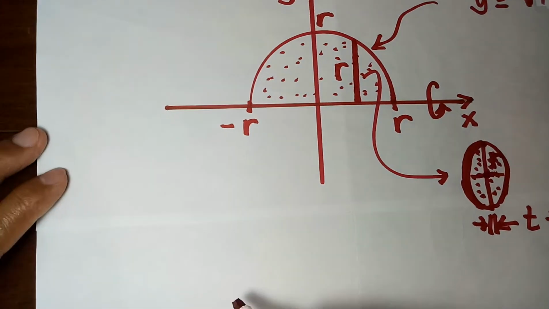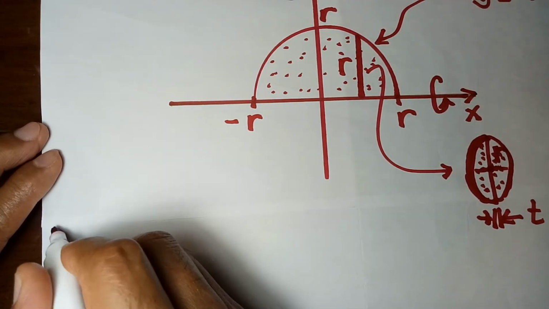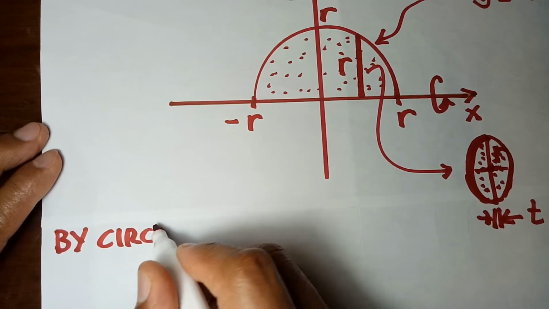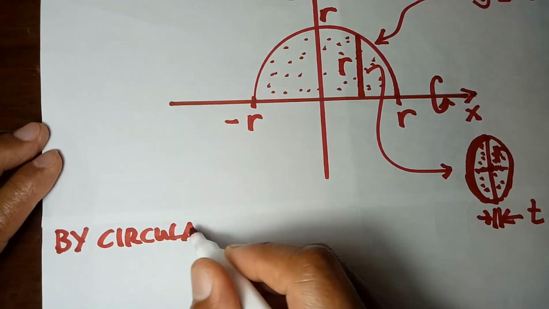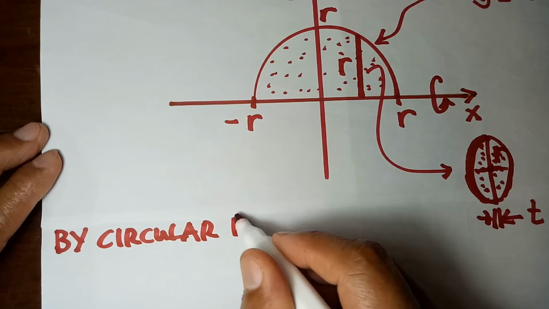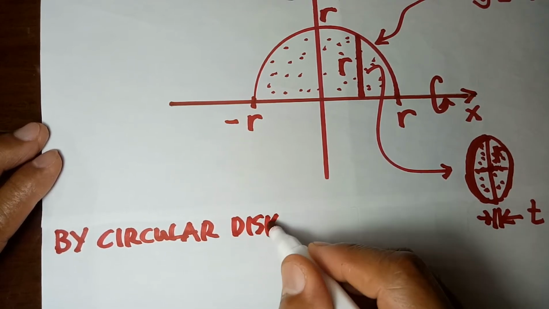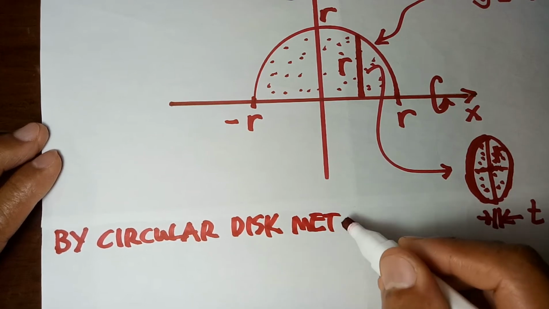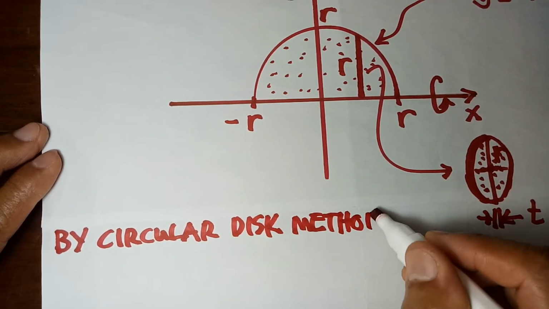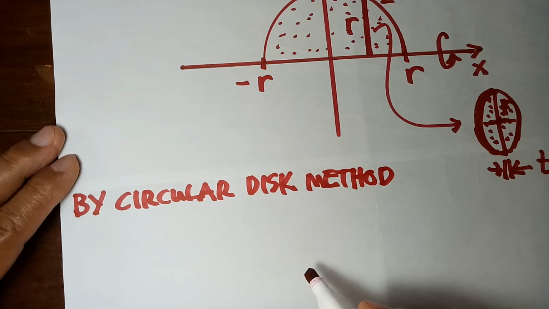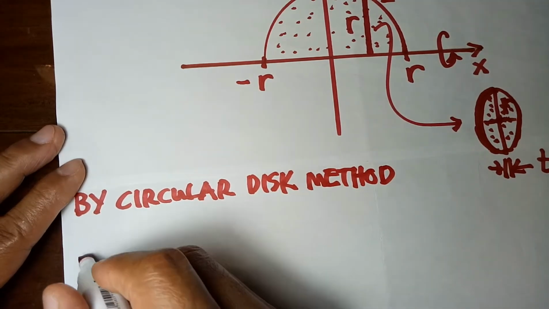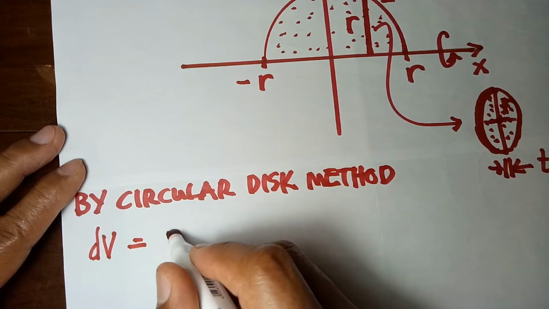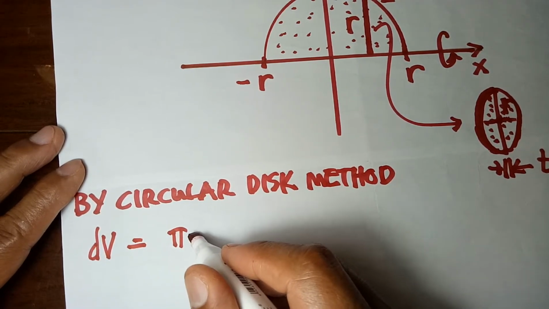So, by the circular disc method, the volume of one circular disc, dV, our formula is pi r squared t.